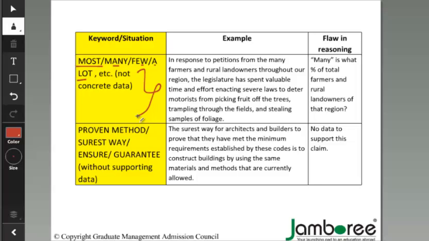Now that's a very weak argument, because maybe the people who like apples consume a lot, right? Even if maybe just 5% of people like apples, their consumption could be so high that it does not justify exporting all the apples to other countries. Understand? So that's how you should attack.